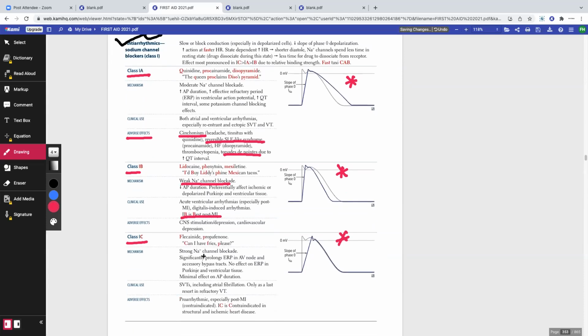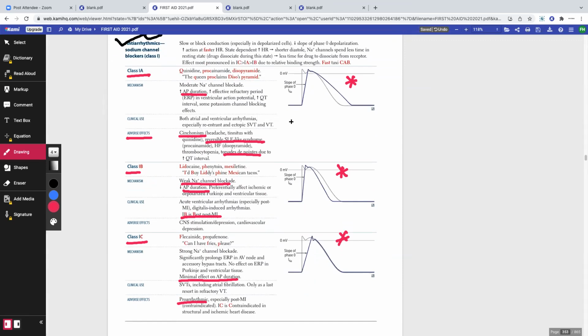Class 1C, they are pro-arrhythmic, so it's contraindicated in ischemic heart disease. That's that. All of them are used more or less for supraventricular tachycardia. And the AP duration is very important. For class 1A, it's increased. For class 1C, the AP duration is minimal or there's no effect. And for class 1B, the AP duration is decreased. Okay, so these are the handful of information that you only need to remember.